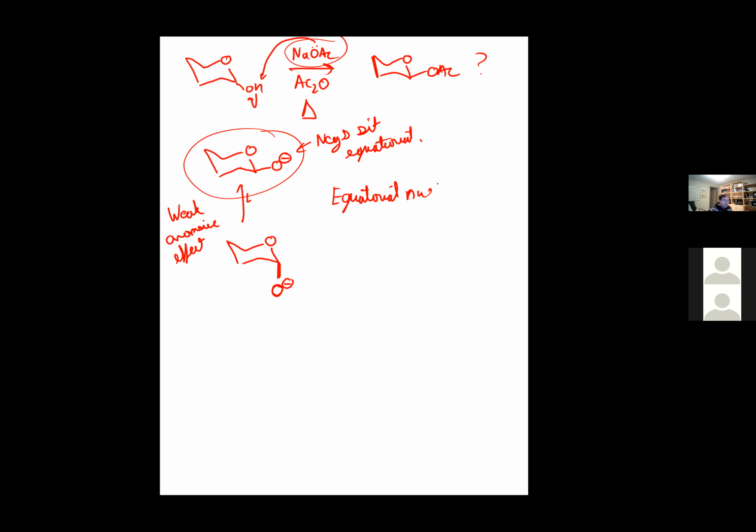Equatorial nucleophiles react faster than axial. It's just a simple argument of sterics. It has a lot more space around it to attack things. There are more angles and possibilities for the acetic anhydride to bump into that for the nucleophilic attack than there is for the more crowded alpha one.